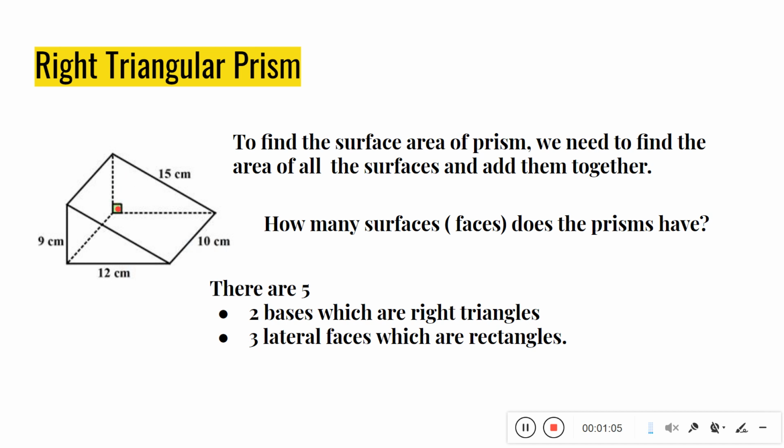There are the 2 bases. Remember, the back right triangle is a base. The front right triangle is a base. And then there's 3 rectangles. One on this side, one on the bottom, and then the one rectangle that runs up the side. So there are 5 surfaces. So what we need to do is find the area of each of those 5 surfaces and add them together.